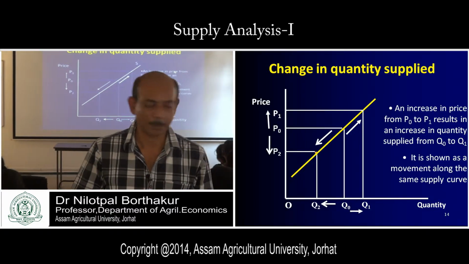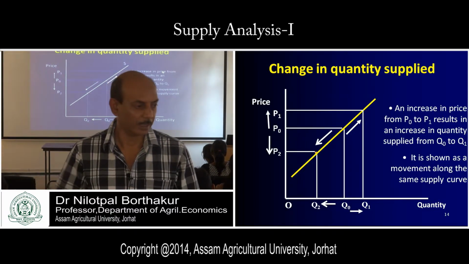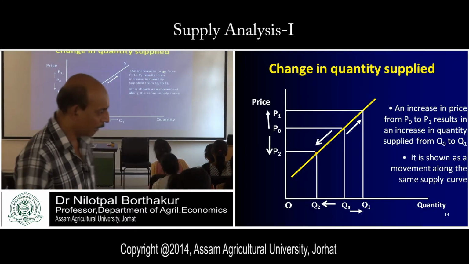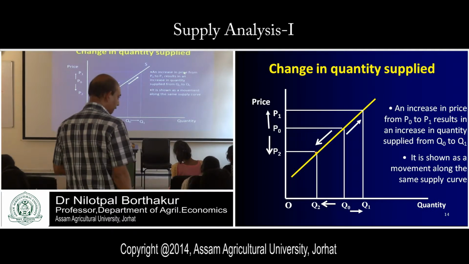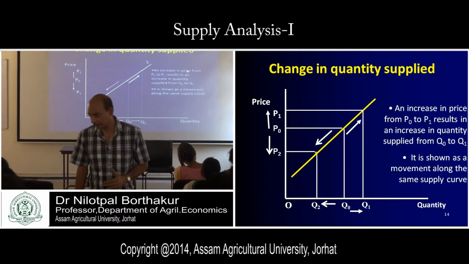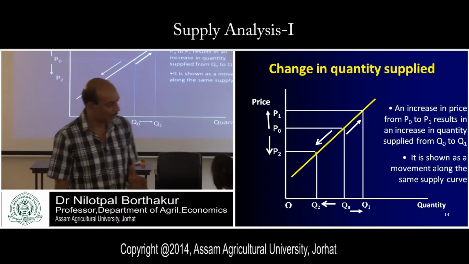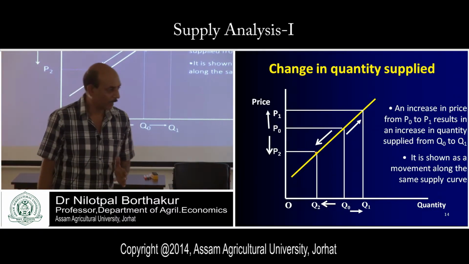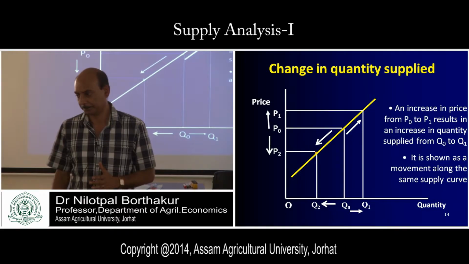There are no two separate supply curves. We need to explain the change in the quantity supplied. But if we keep price constant and consider all other factors apart from price, varying one by one, then we find change in supply.